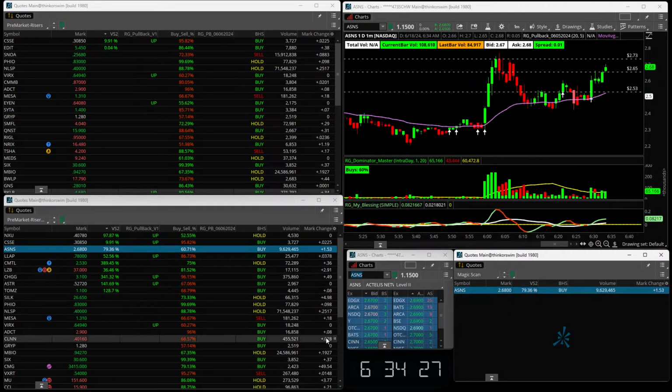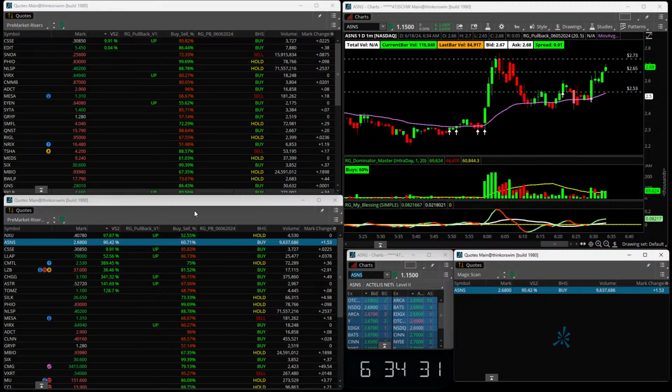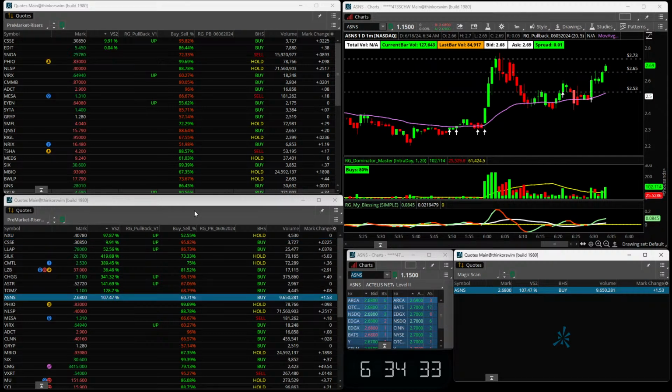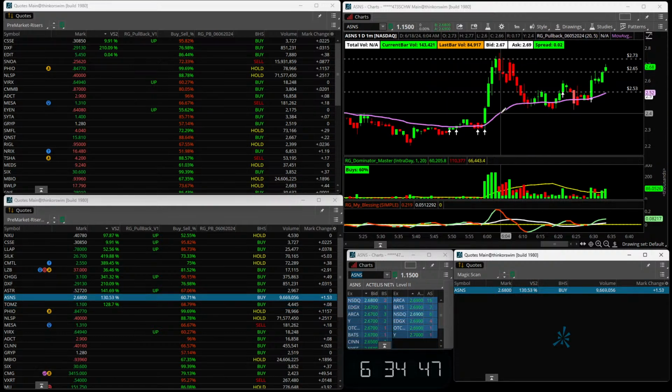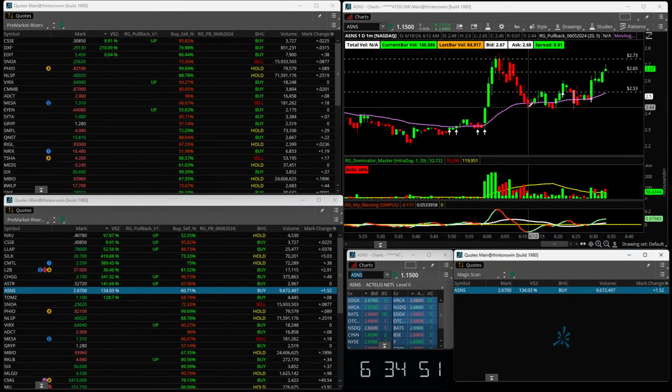ASNS slowly pushing its way back up. Bounced off of that 34 nicely down here. If you're unfamiliar, this is the 34 EMA. It's a well-respected moving average.